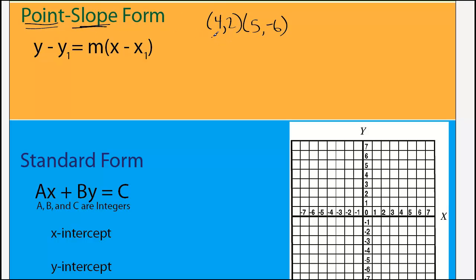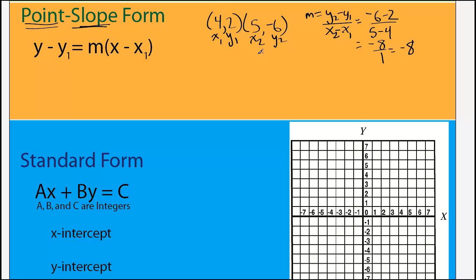Here we have our x sub 1, y sub 1, x sub 2, y sub 2. If we remember our equation, m equals y sub 2 minus y sub 1 over x sub 2 minus x sub 1, we say negative 6 minus 2 over 5 minus 4, which is negative 8 over 1, which is just negative 8.